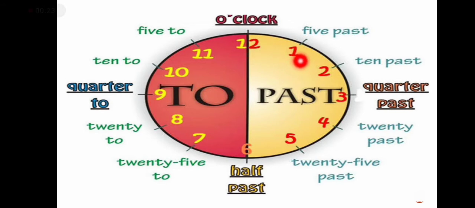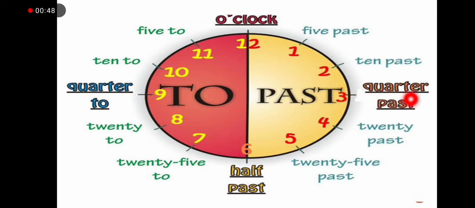The number of minutes between every two numbers is 5 minutes. So when the minute hand moves from 12 to 1, 5 minutes have passed. Then 1 to 2, 10 minutes passed. Then 3, quarter past.